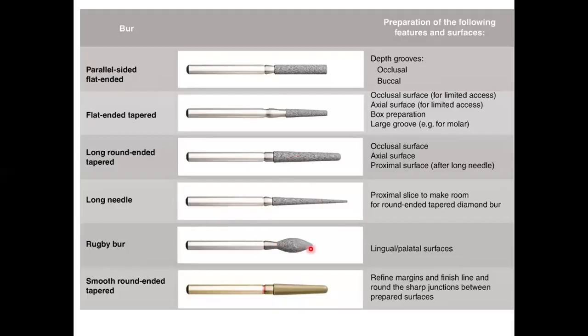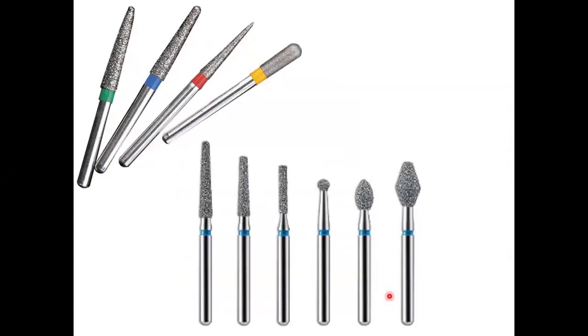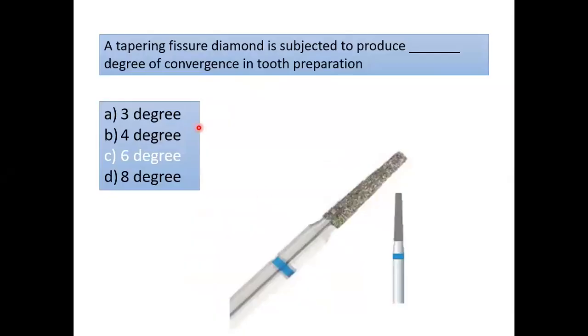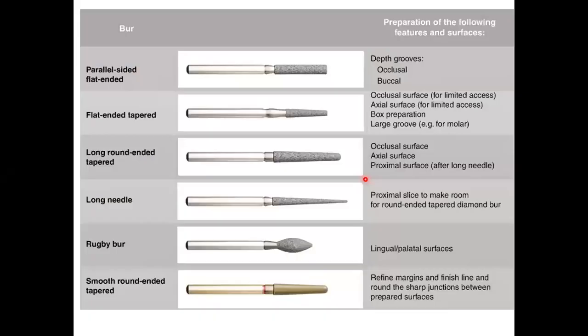This rugby burr or football shaped burr is ideally used to prepare the lingual or palatal surface of your maxillary anteriors. This smooth ended taper burr, your yellow banded burr, is used to refine margins and finish lines. When they ask about degree of convergence, it is the combined taper degree on either side. Okay.